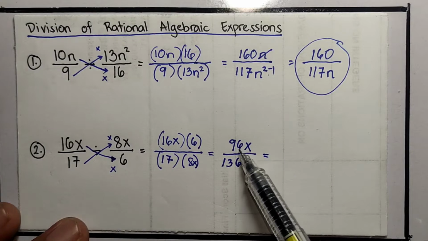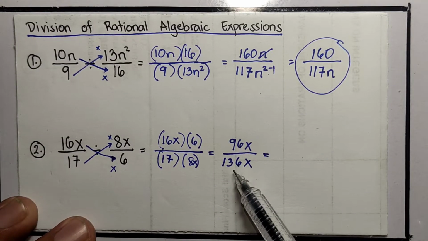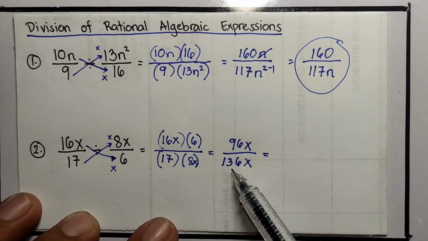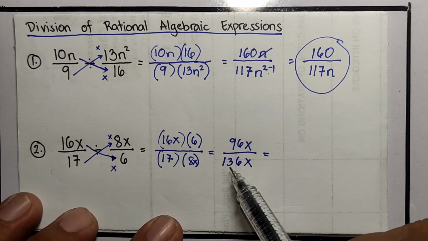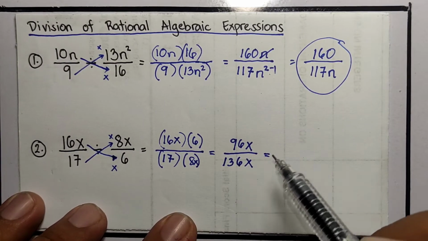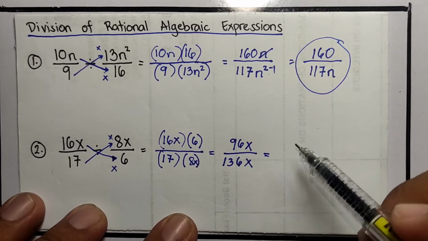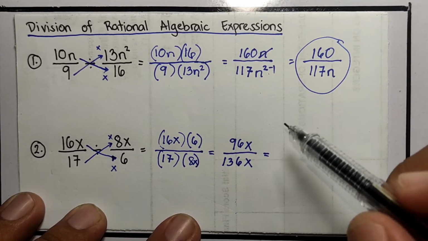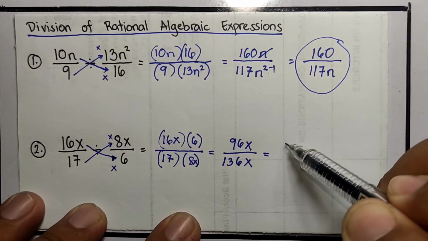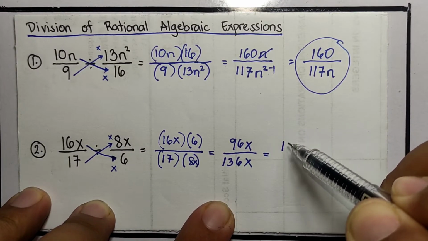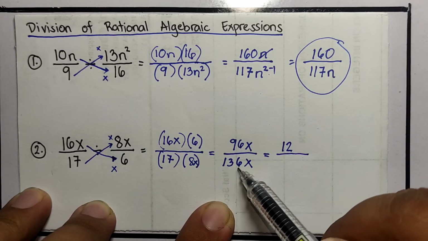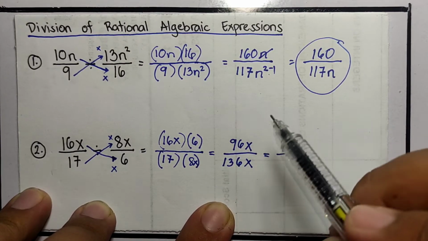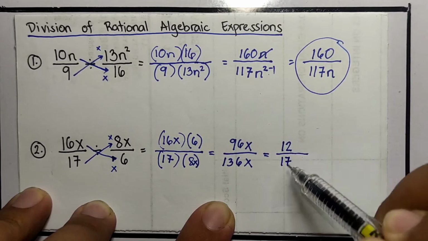Then after that, simplify 96 and 136. Find their common factor. Their common factor is 8. Therefore, 96 divided by 8 is 12, then 136 divided by 8 is 17.